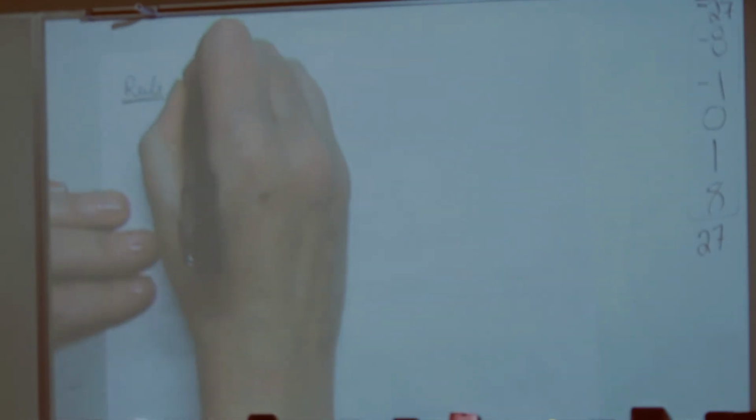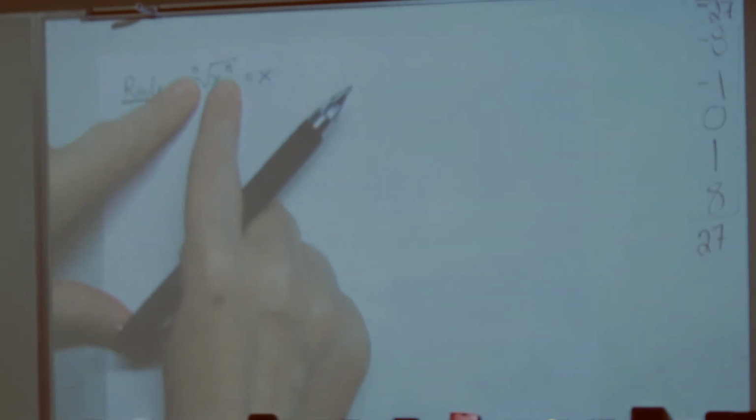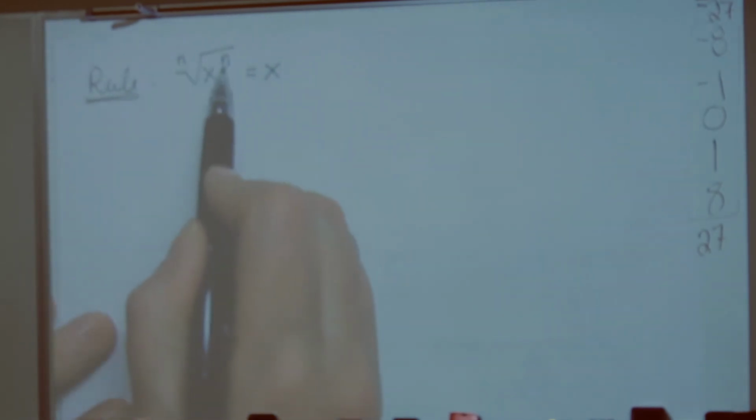for radicals, and it is the nth root of x to the n equals x. Okay, this is a really cool rule, all right? Notice that the index matches the power on the inside, right? You guys see that? Let's zoom back in. The index is the same as the power on the inside.